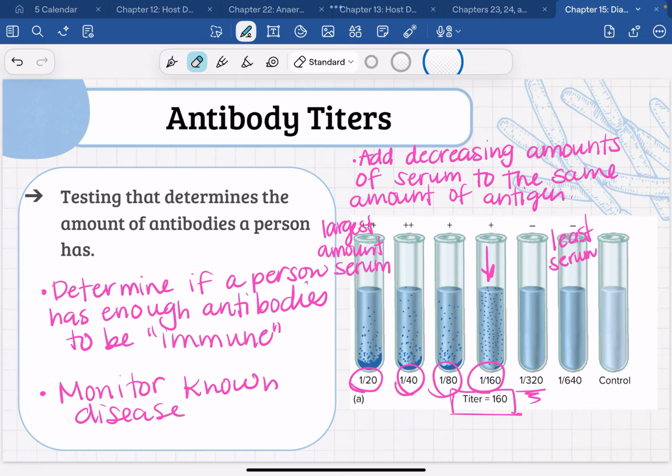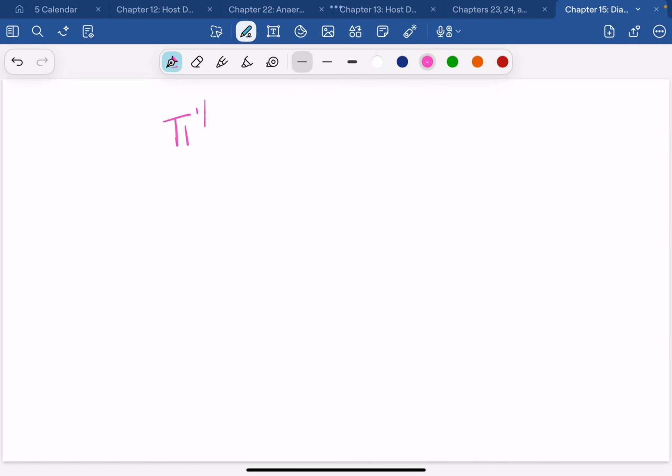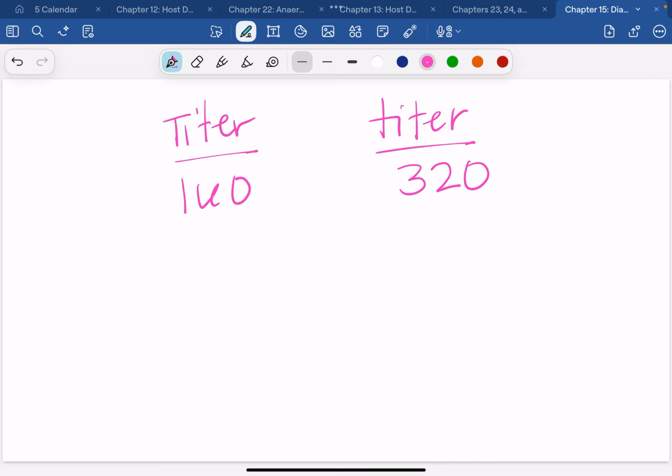Okay, so say this person has a titer of 160. So somebody who has a titer of 160 versus somebody who has a titer of 320, who has more antibodies? 320.